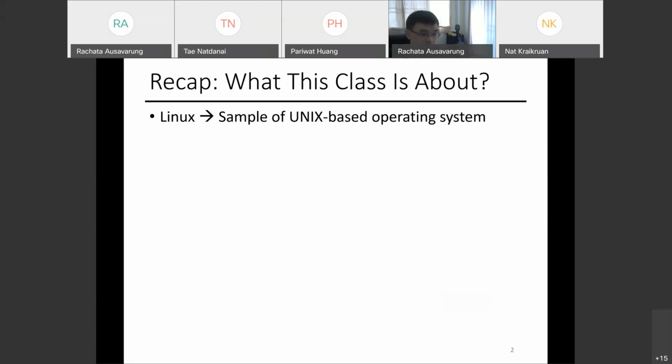Facebook Research, Intel Labs, NVIDIA Research, all these places use Unix. Basically, you'll be working in Ubuntu, working in CentOS, any Linux-based operating systems.